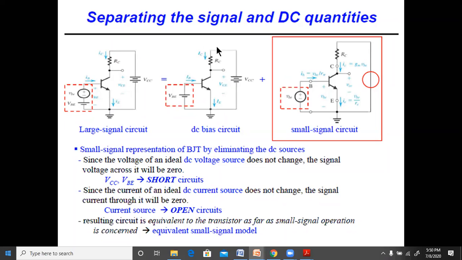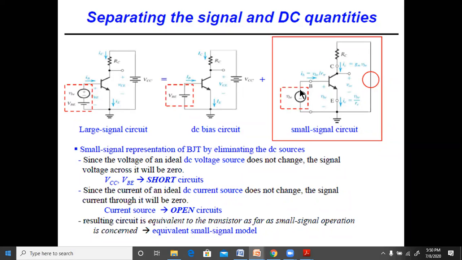Both the suffix and the letter for the current and voltage will be capital when we talk about bias, whereas when we talk about the small signal, all of them will be small letters. So here we remove this VB and connect only the small vb.